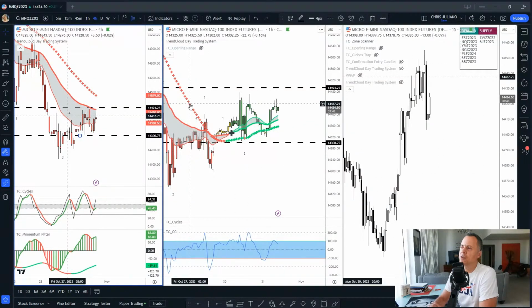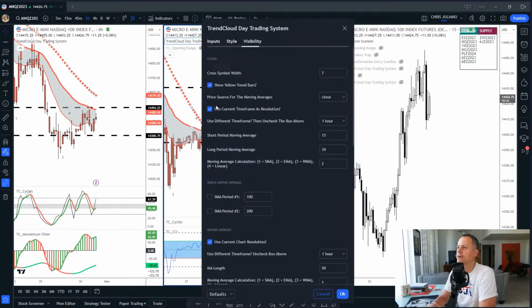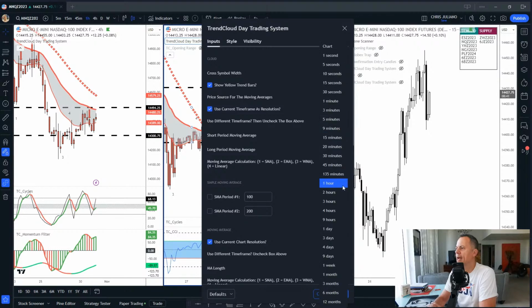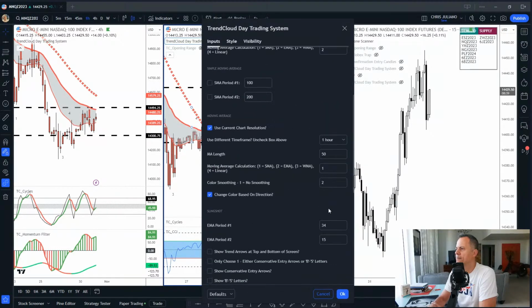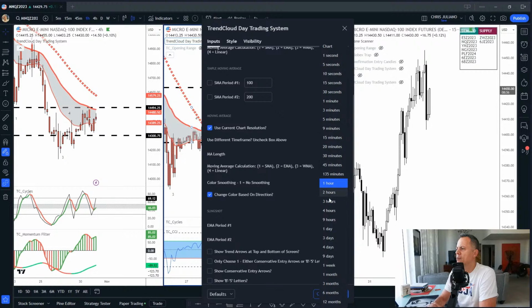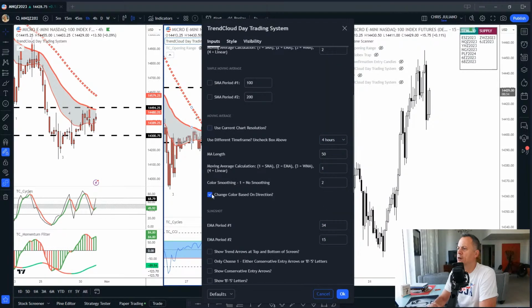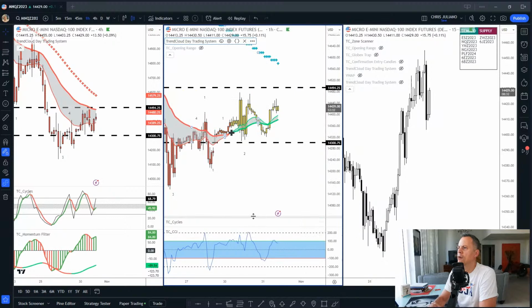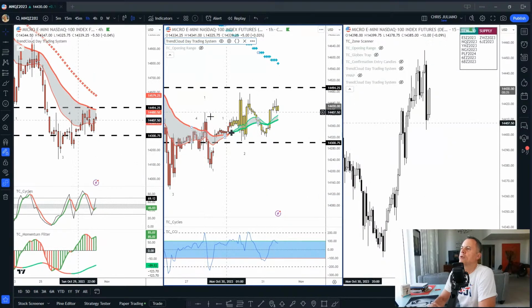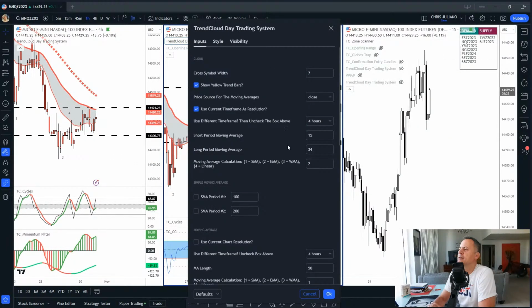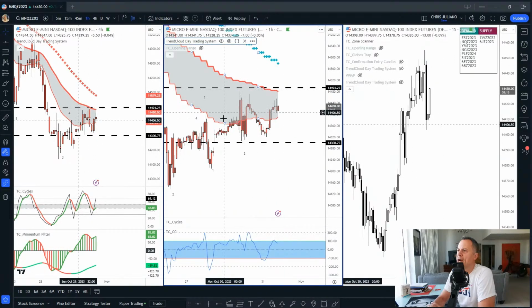And what you can do if you double click onto trend cloud here, I can actually take the 4-hour trend cloud and put it on the 1-hour chart here. Let it do its thing. So you can take that 4-hour trend cloud.